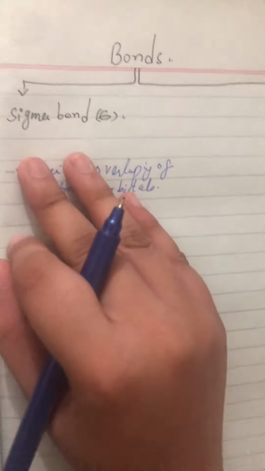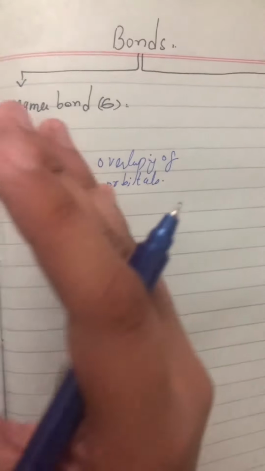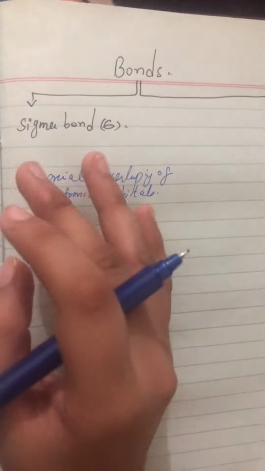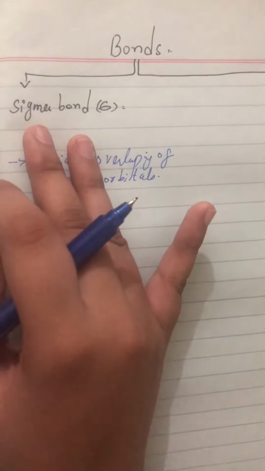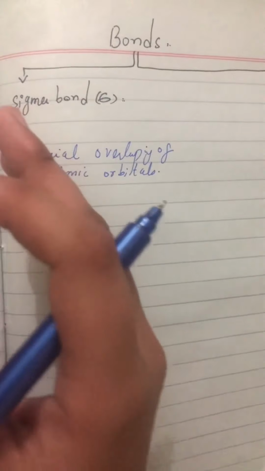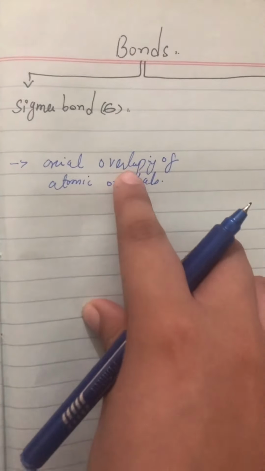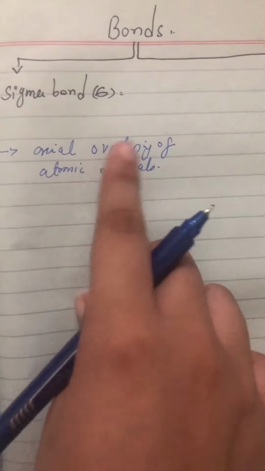Like in previous videos I've told that covalent bond is sharing of electrons. But because electrons are present in the orbitals, as we all know, the electrons will be shared by orbitals, so the orbitals will be overlapped or joined. That is the word used for joining of the orbitals: overlapping.